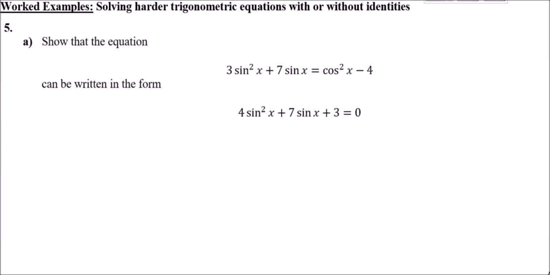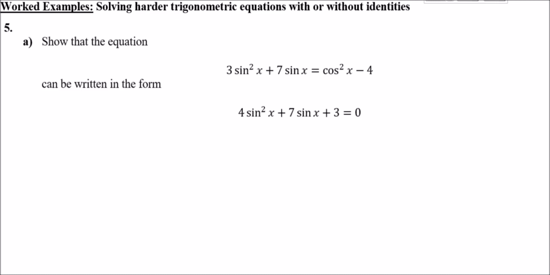Question 5. This one was a past exam paper question. So first of all we need to show that the equation 3 sine squared x plus 7 sine x equals cos squared x minus 4 is one and the same thing as 4 sine squared x plus 7 sine x plus 3 equals 0.